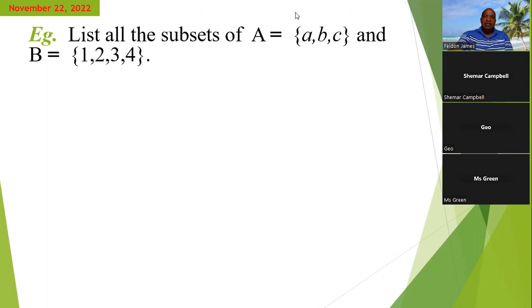All right, so to list all the subsets of A, we are going to start off with the proper ones. So A is the set {A, B, C}.